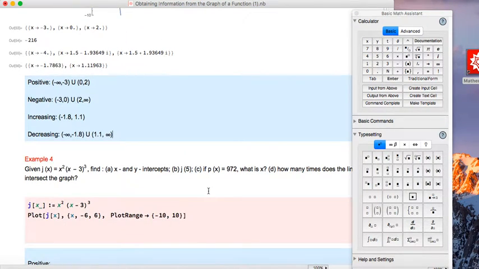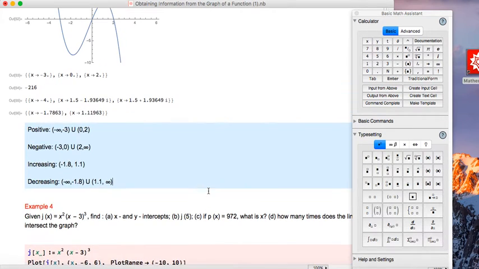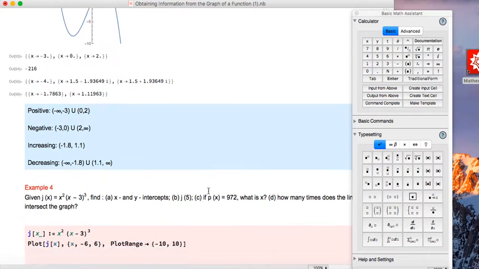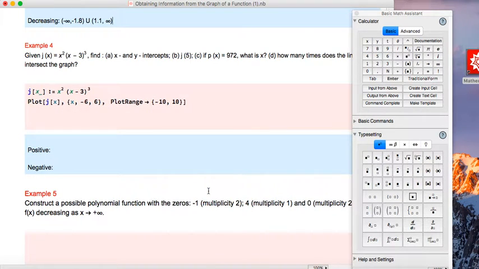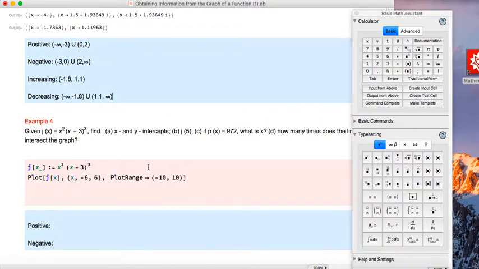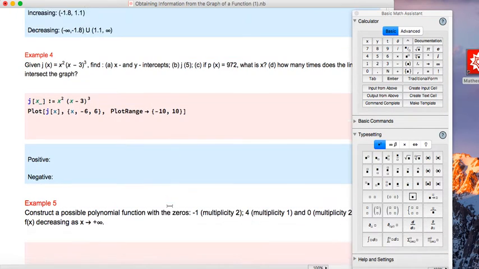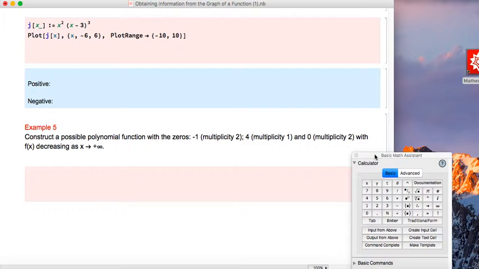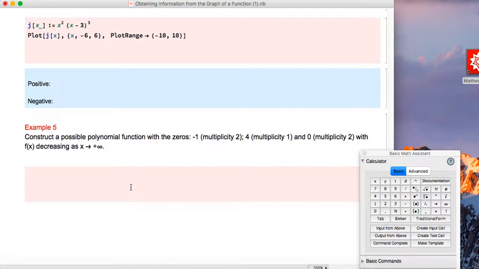So number 4 is very similar to the question example 3, so I'm going to leave number 4 for you to complete. Now for number 5, I will give you an example. Construct a possible polynomial function with the zeros.